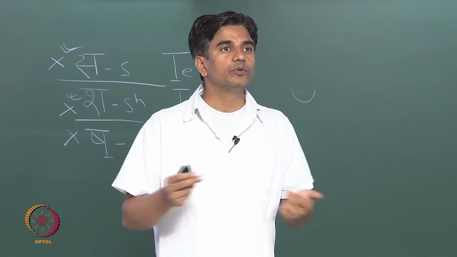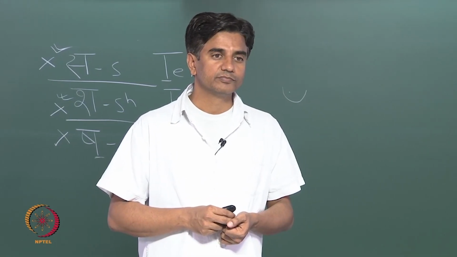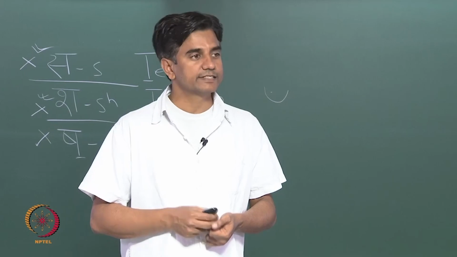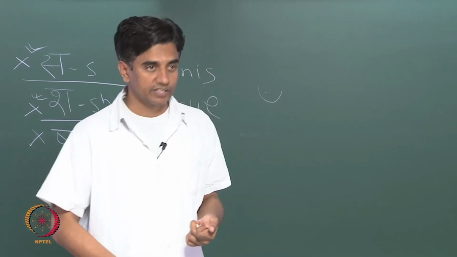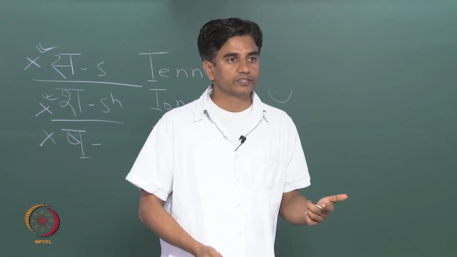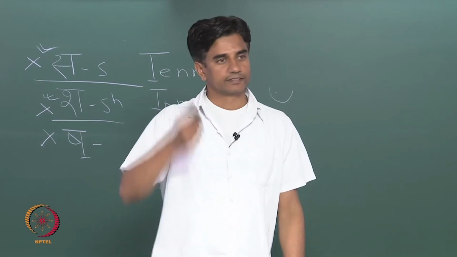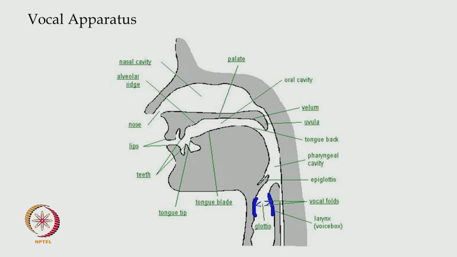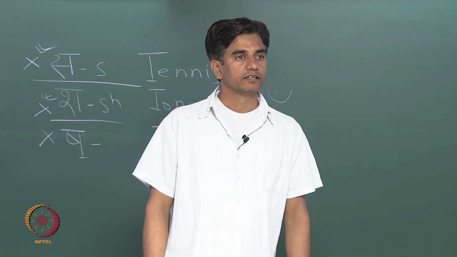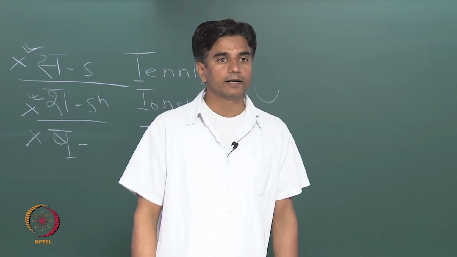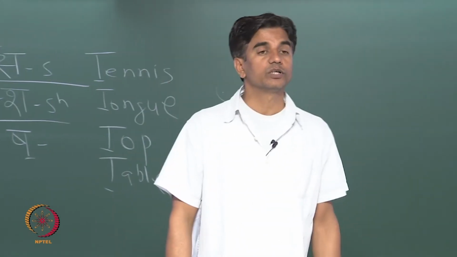So, what do we call it? And that's going to be another place of articulation, another type of sound in this vocal apparatus, right? So, lower lip and upper teeth. So, what will be the sound?